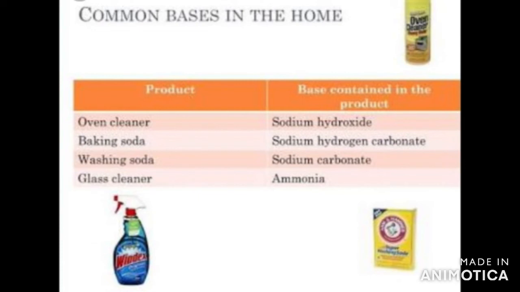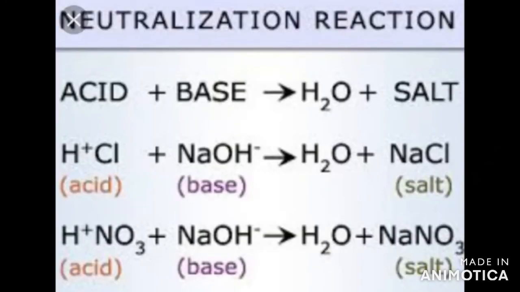So next I conclude the acids, bases and salts chapter. You can see this: acid plus base equals neutralization. Acid reacts with base to form water plus salt. This is known as a neutralization reaction. That is, HCl is an acid, NaOH is a base, to form salt plus water, which is common salt NaCl plus H2O. And HNO3 is an acid and NaOH is a base, giving H2O plus NaNO3.